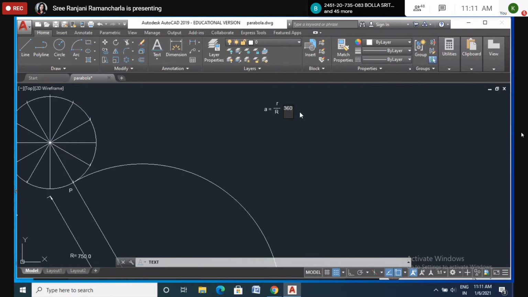Small r is 2.5, let us take 25, divided by capital R, which is 75, into 360. So this is equal to 120.